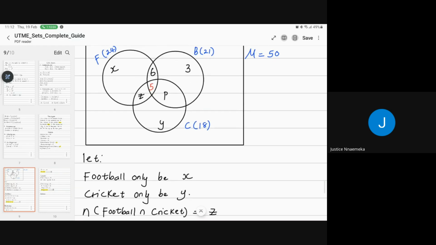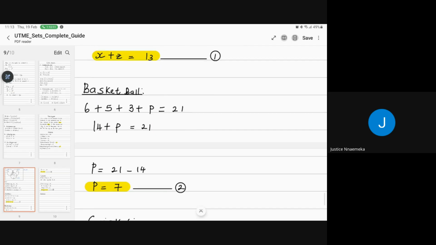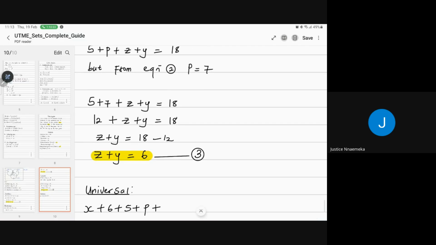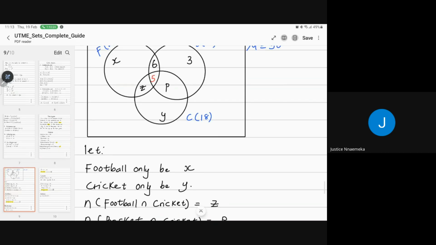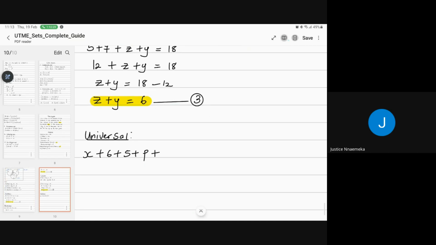So for the universal set, I have x plus 6 plus 5 plus P plus 3 plus Z plus Y, all of them equal to 50.